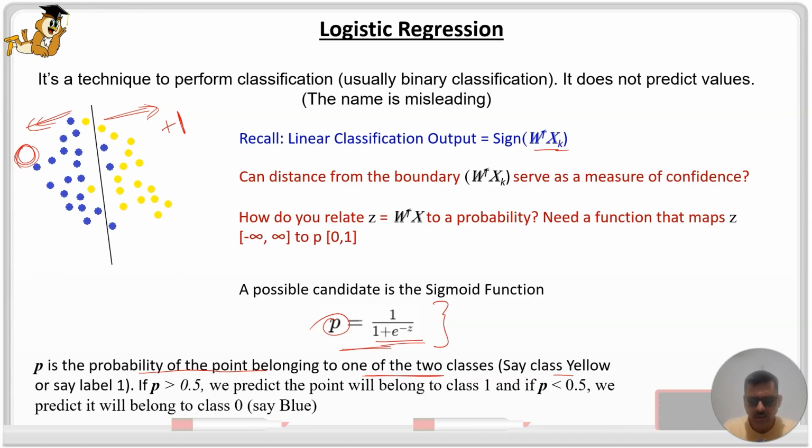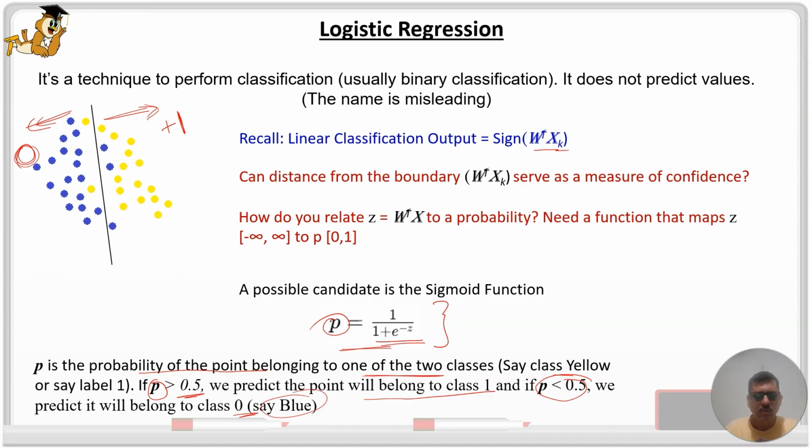Now, in the earlier two techniques that we talked about, in naive Bayes and so on, we associated a probability with every class. Here, because we are talking about binary classification, we can just deal in terms of one quantity, one probability. If P is greater than 0.5, we will predict that the point belongs to class 1, and if P is less than 0.5, we will predict that it belongs to class 0, say blue.